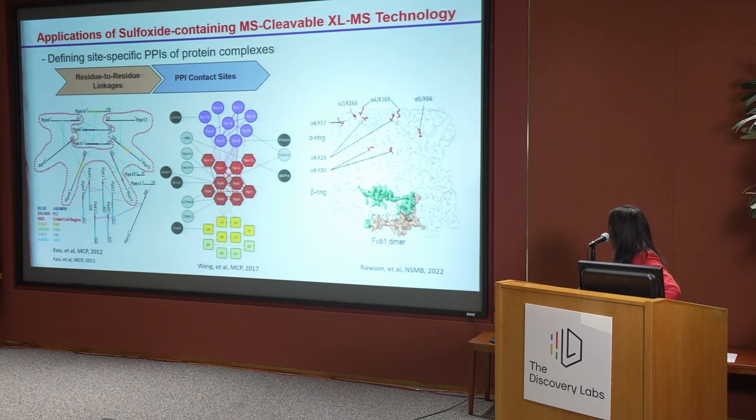And then recently, in collaboration with John Hanna's group, we complemented the cryo-EM structure of the yeast 20S proteasome and localized one of the proteasome inhibitors, Fub1, and its location in the 20S proteasome.